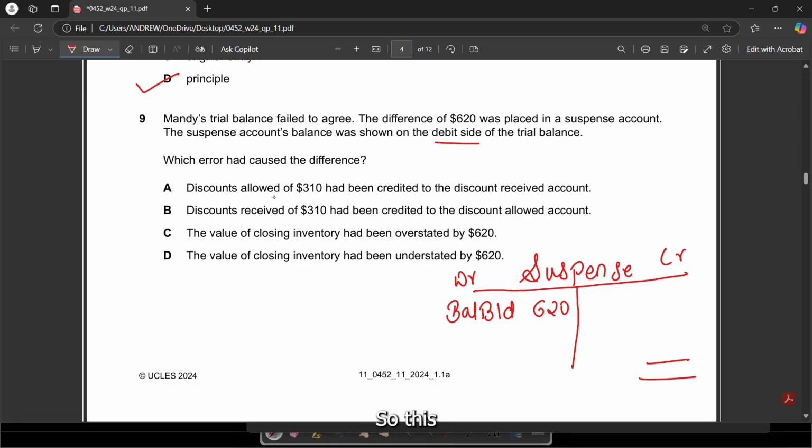All right. So always remember, this type of error you need to double the amount, because you need to record it on the debit side, but by mistake you recorded it on the credit side. So when you are reversing it, you need to multiply it by 2. So yes, this could be a reason for an increase in the credit side by 620.